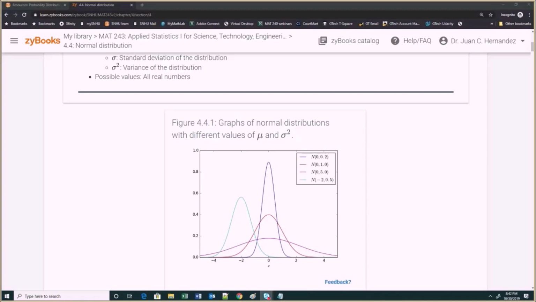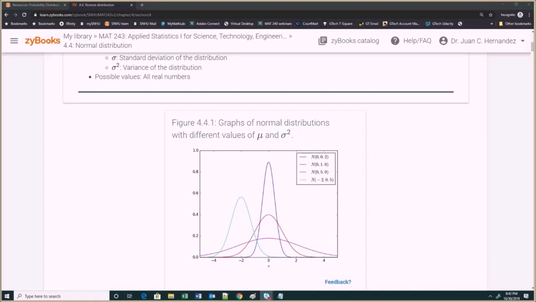So the values are between 0 and 1, equally distributed to either side of the mean. That means that either side has a 0.5 probability value. If you add the two, half of it is 1. The total area is 1. And like we were saying before, it is symmetrical.